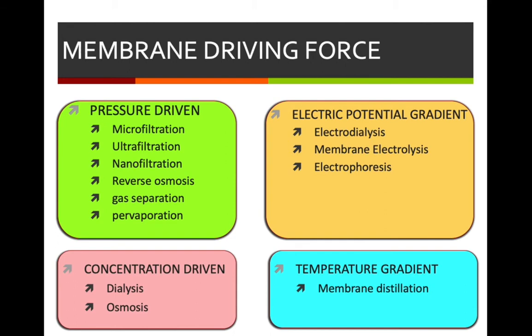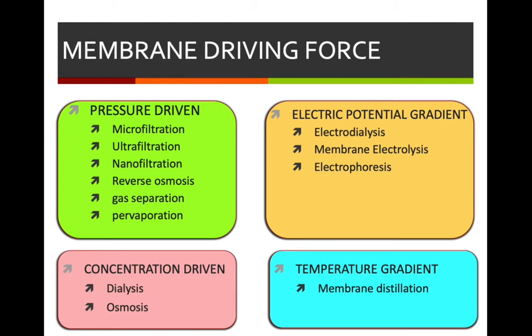The next one is the temperature gradient. An example of a membrane using the driving force of temperature gradient is membrane distillation. Membrane distillation works as a thermally driven separation process in which the separation occurs once there is a phase change. Once you have a liquid, you heat it up, and it changes phase from liquid to vapor.